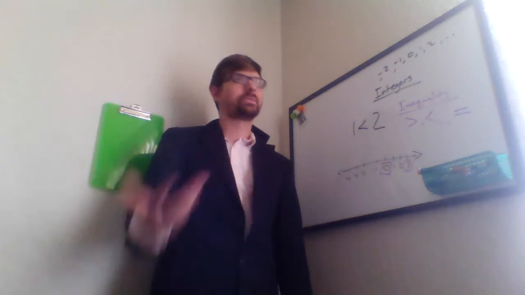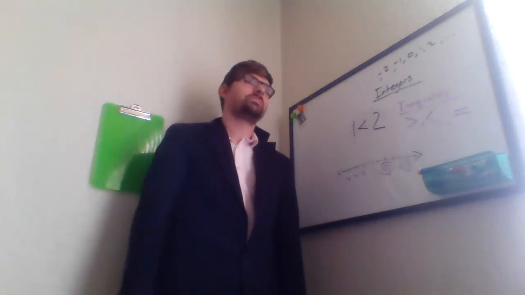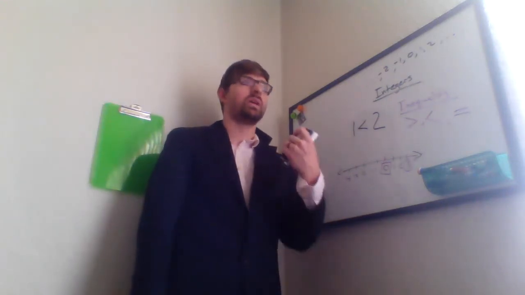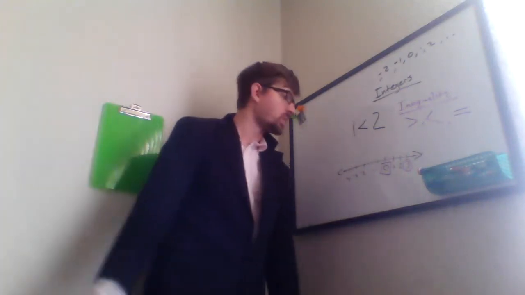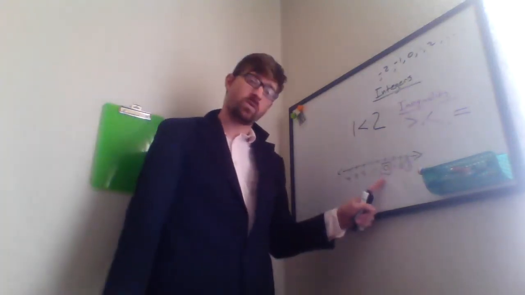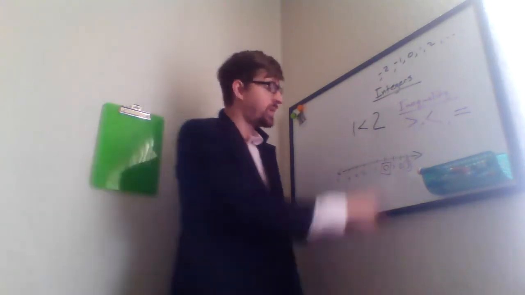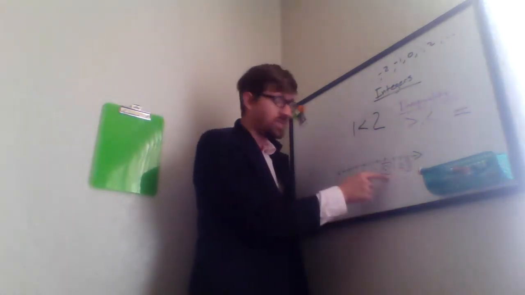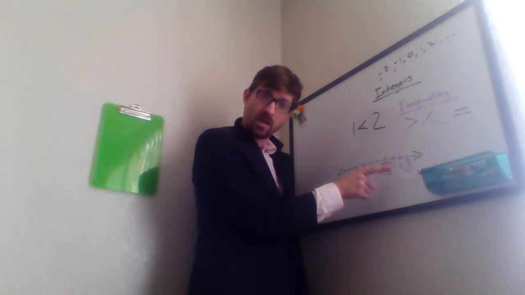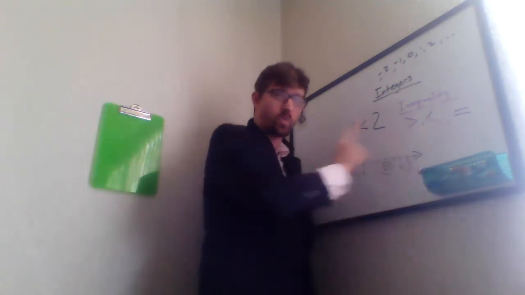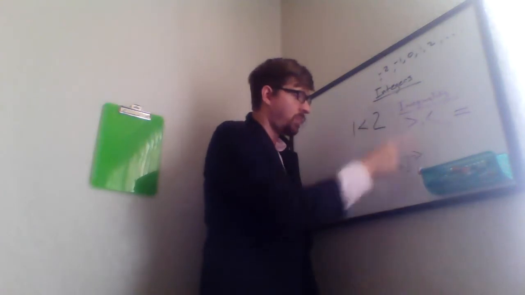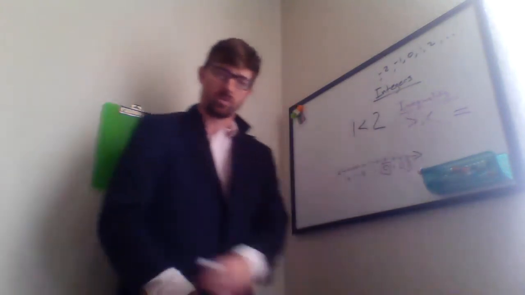I mean, unless the 3 of something is something that brings about a negative response, but don't worry about that. So, 3 is bigger than 0. And the number that is bigger than 0 is on the right side. Okay? So, the number on the right of the number line is a bigger number.